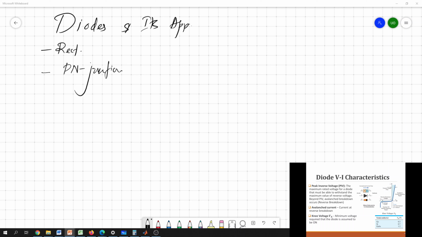The characteristic we are interested in is the VI characteristic. V represents the voltage and I represents the current.